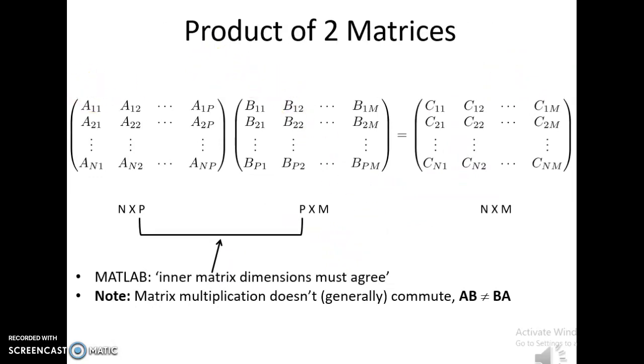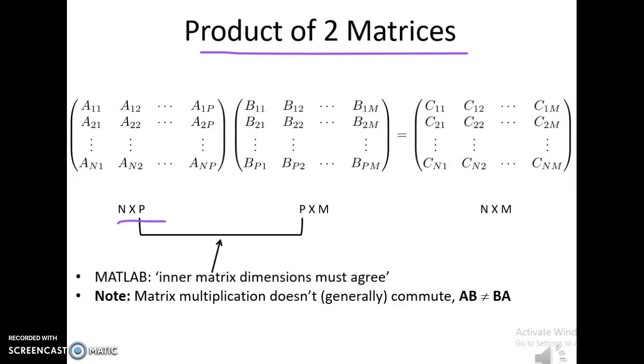The product of two matrices, that is, multiplication of two matrices, n into p.